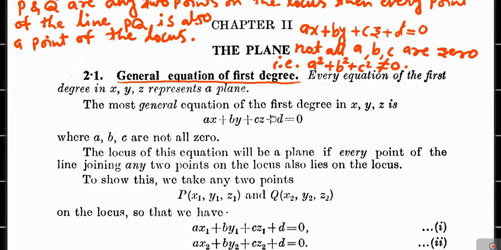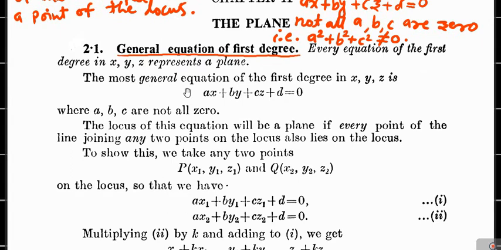First of all, we have the general equation of the first degree in x, y, z as ax plus by plus cz plus d equal to 0, where a, b, c are not all 0 at the same time. That is, a square plus b square plus c square should not be equal to 0.